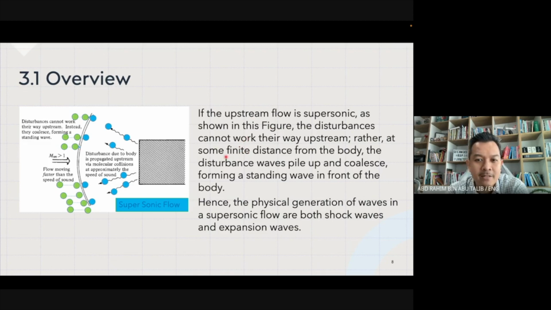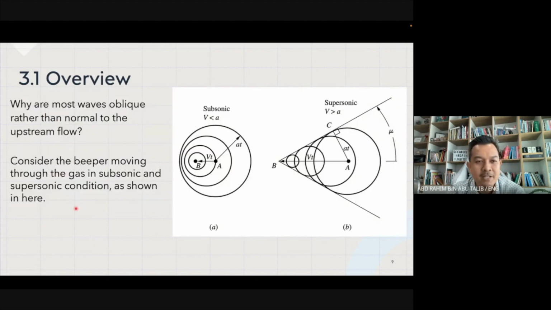Rather, at some finite distance from the body, the disturbance waves pile up and coalesce, forming a standing wave in front of the body. Hence, the physical generation of waves in a supersonic flow gives both shock waves and expansion waves. So that's the physical meaning.